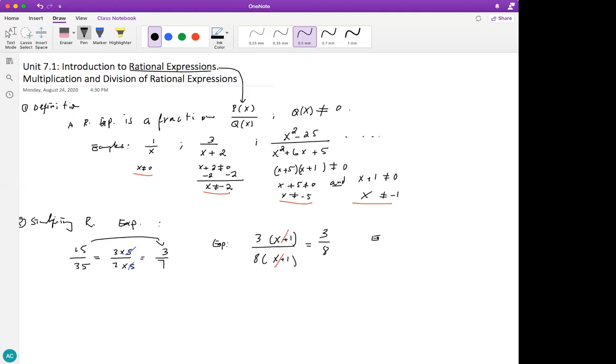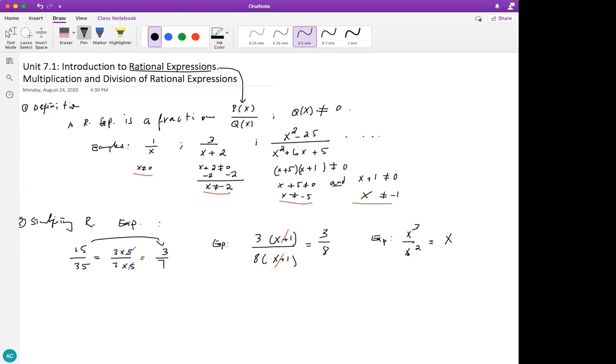Here's another familiar one that we have seen before. When you have, for example, x to the third over x to the second, what is that equal to? 3 over 2. Say that again? 3 over 2 if we cancel the x.